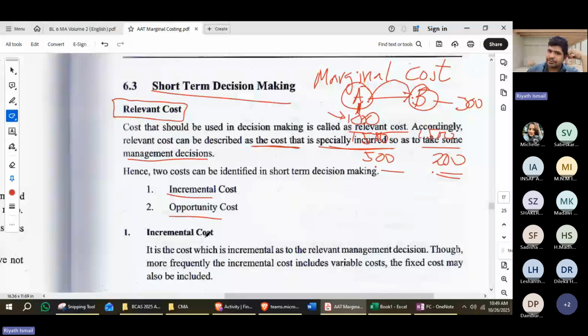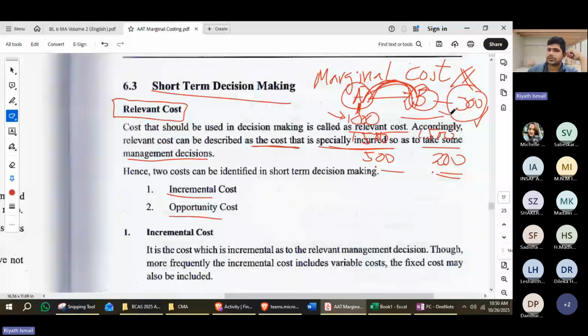If you decide to move from A to B, you will incur 300 additional cost. If you do not move, you can avoid this cost. So this is what? Relevant cost.